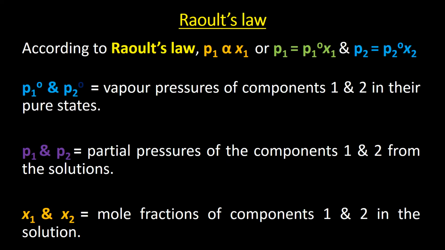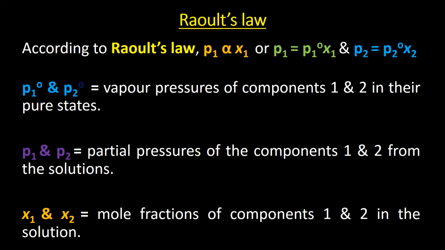According to Raoult's law, P1 is directly proportional to X1. That is, the partial vapor pressure of component 1 is directly proportional to the mole fraction of component 1, that is X1. Similarly, the partial vapor pressure of component 2 is directly proportional to the mole fraction of component 2. That can be written as P2 is equal to P2 naught into X2.